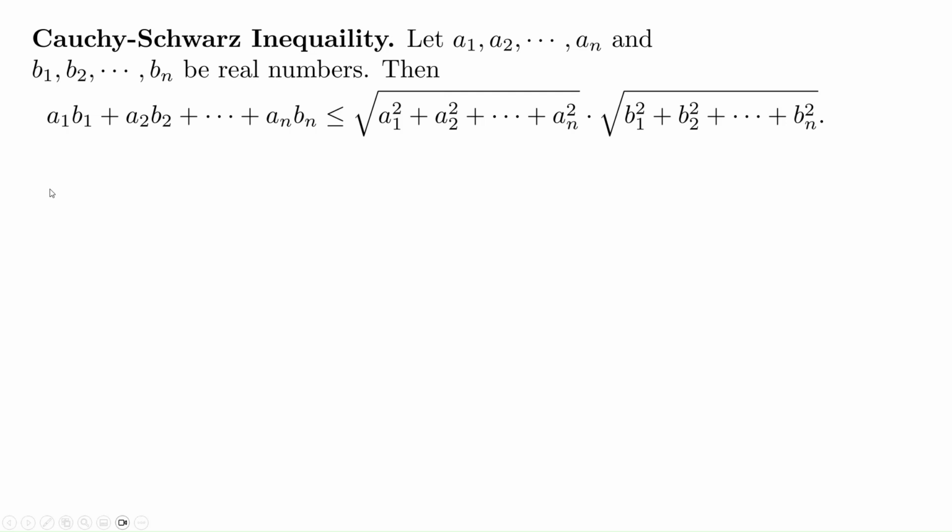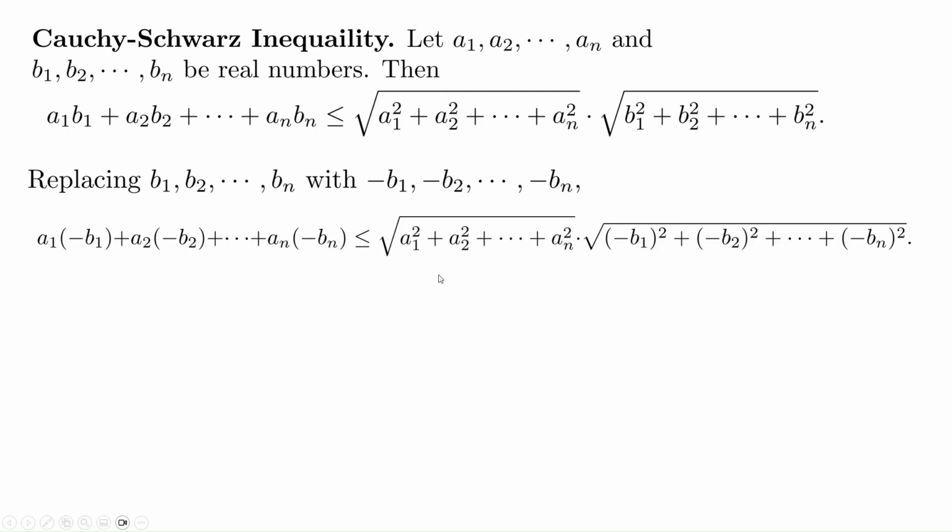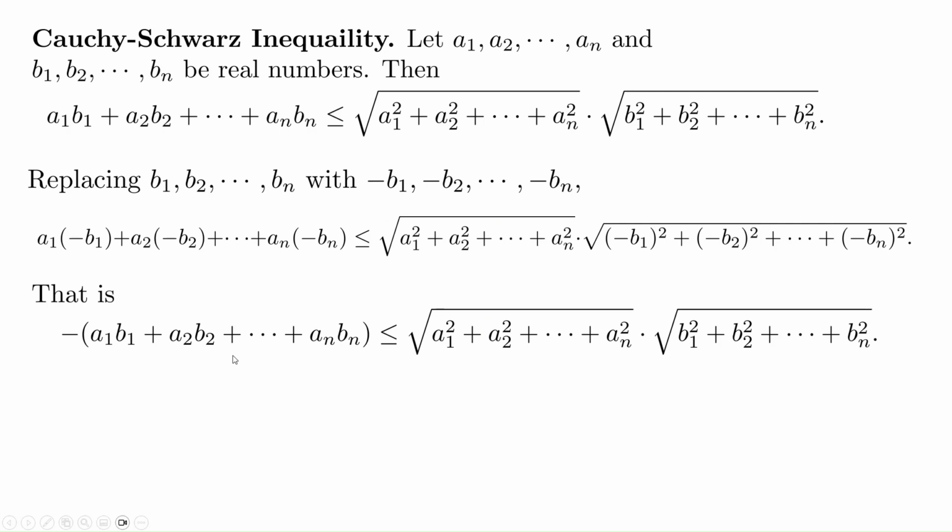Let's look at the inequality again. It works for all real numbers. Of course, we can replace b1, b2 to bn with the negatives of these numbers. Then the inequality becomes the negative of a1b1 plus a2b2 plus up to anbn is less than or equal to the product of the two square roots.